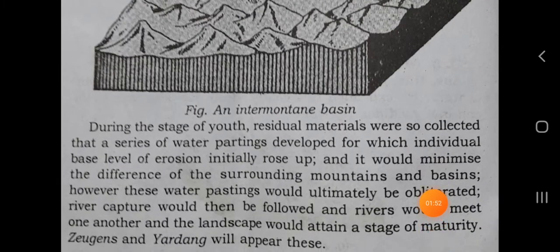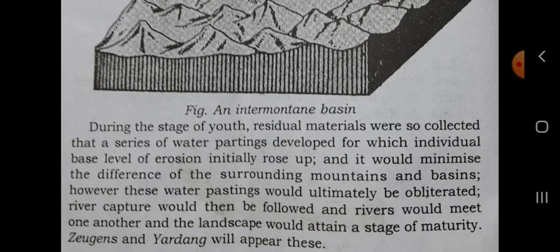During the stage of youth, residual mountains were so collected that a series of water partings developed, for which individual base levels of erosion initially rose up, and it would minimize the difference of the surrounding mountain and basin.